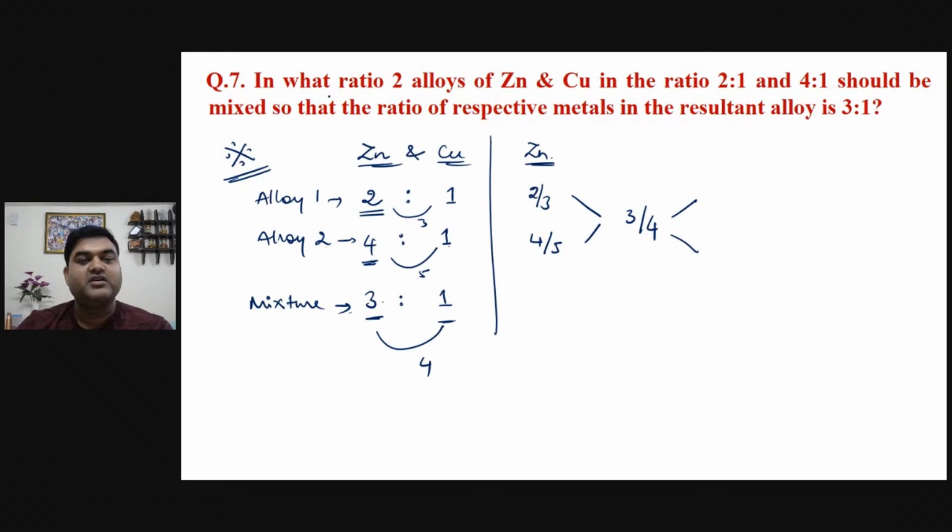And what they are asking is, in what ratio? So obviously the resultant we get is the ratio. It will be the difference between these two and the difference between these two. Got it? The mod of which one?